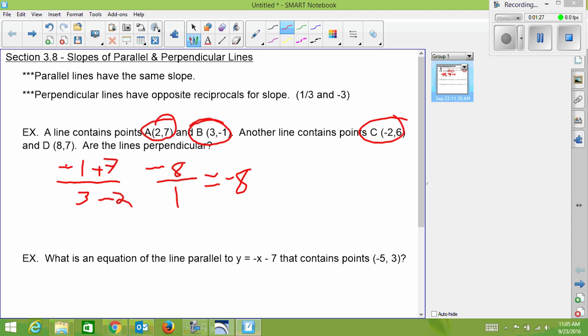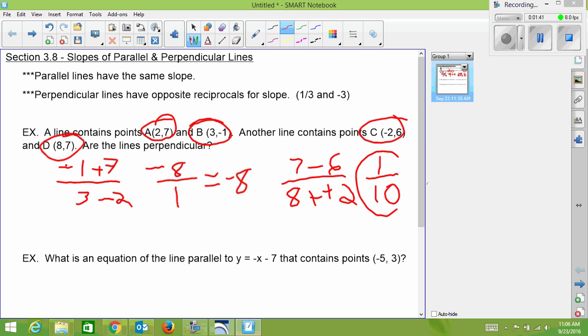And then I need to check the slope of these two, so 7 minus 6 and 8 minus a minus 2, which becomes plus a plus. So 7 minus 6 is 1 and 8 plus 2 is 10, not even close. 1/10 is not the opposite reciprocal of -8, so it is not perpendicular, not parallel either, because they'd have to be the same.